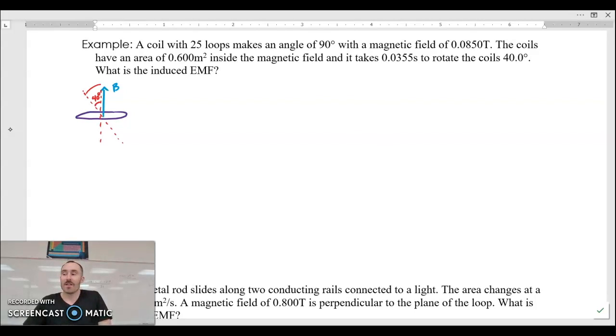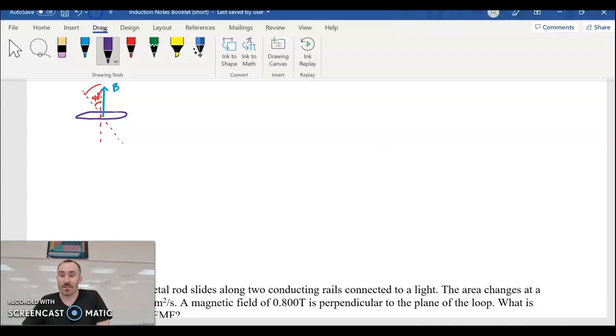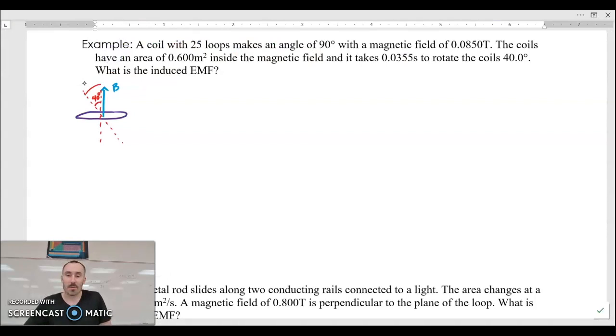Okay, so here's the situation we find ourselves in. I'm trying to figure out what the EMF is, and it's negative N times change in flux divided by change in time. And the thing that's changing here is the angle.